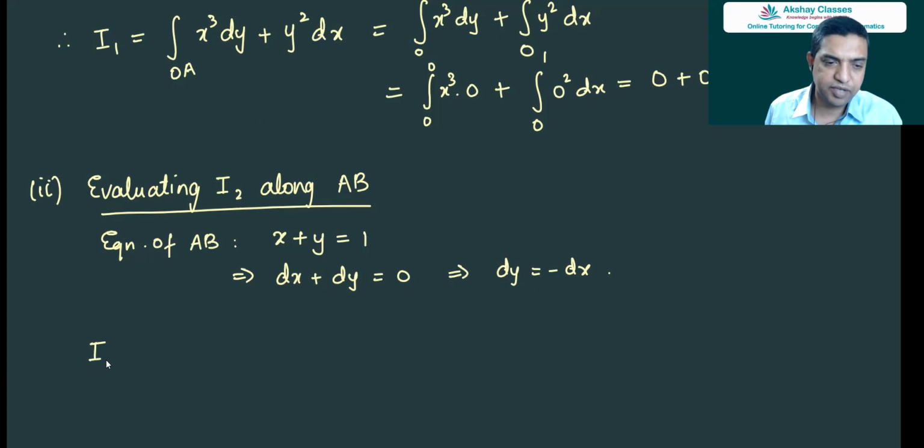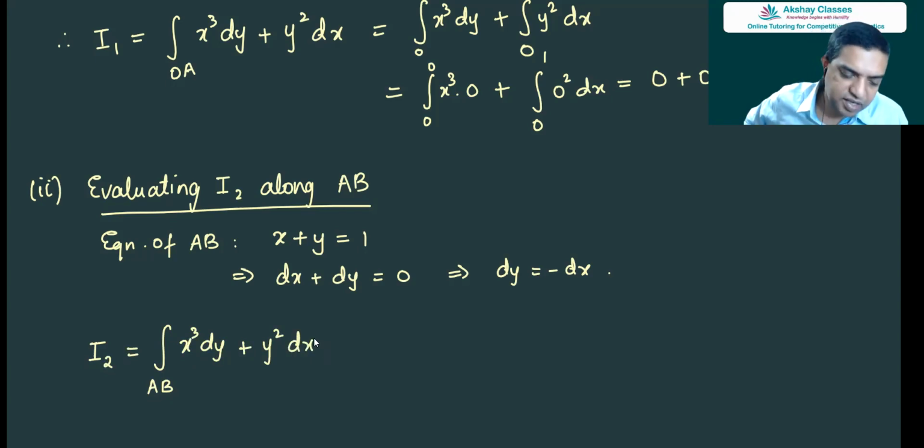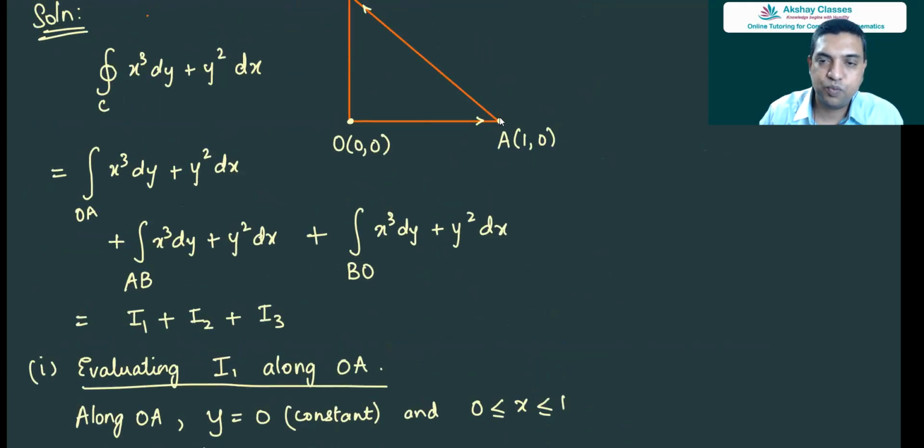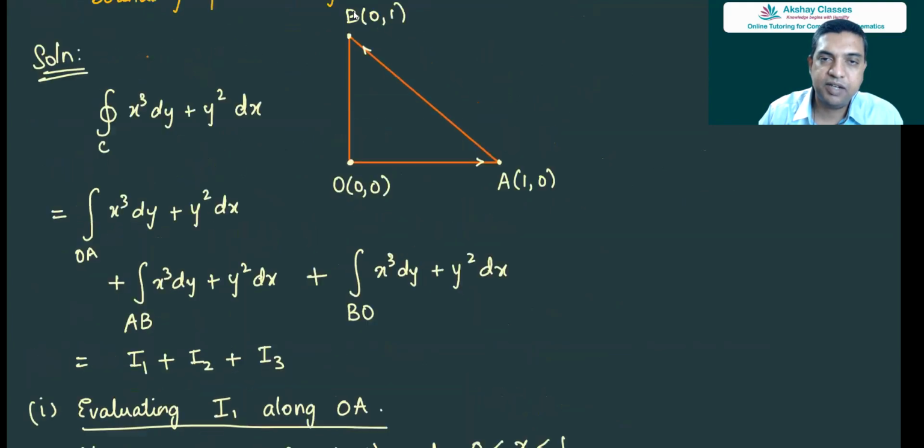So now let us evaluate. I2 is integral AB x cube dy plus y square dx. Let us convert everything in terms of x. So x cube times dy is minus dx, plus y can be written as 1 minus x the whole square dx. And x ranges from, at A the value of x is 1, at B the value of x is 0.